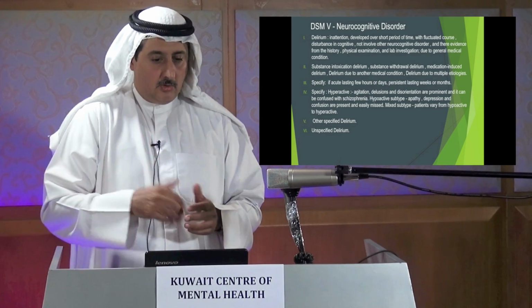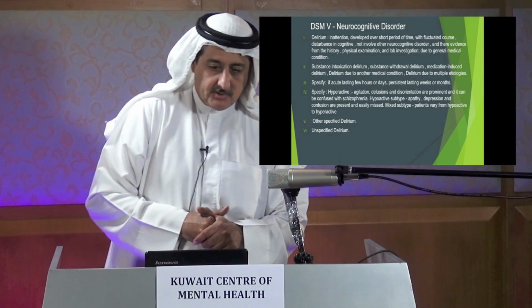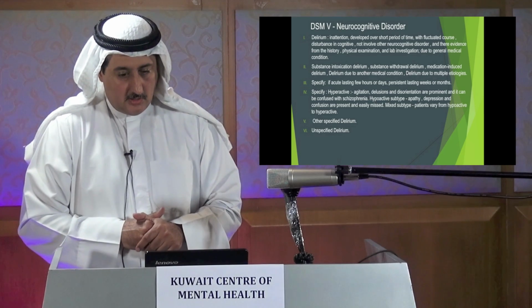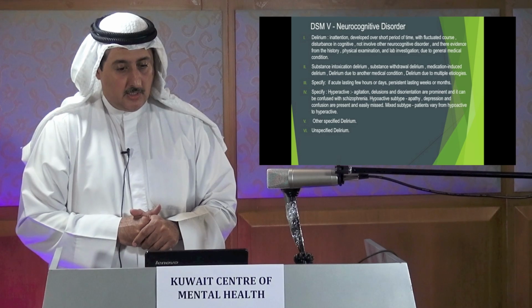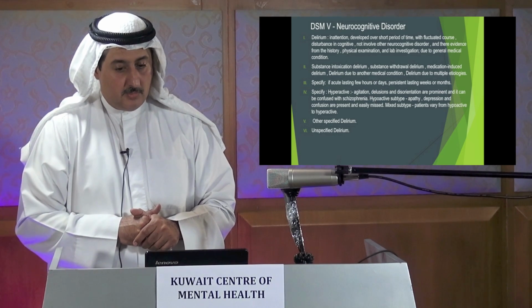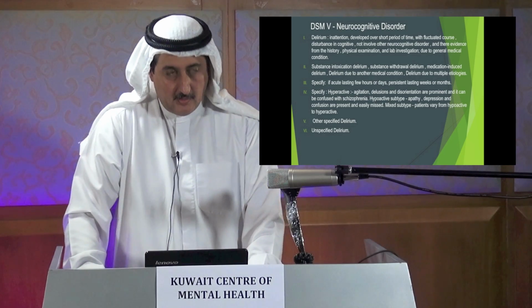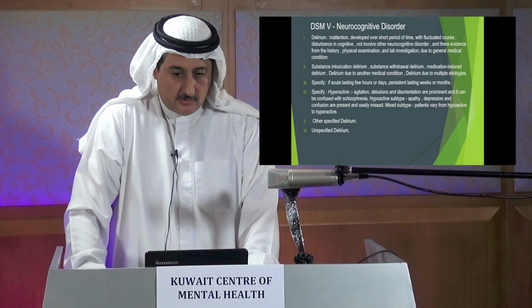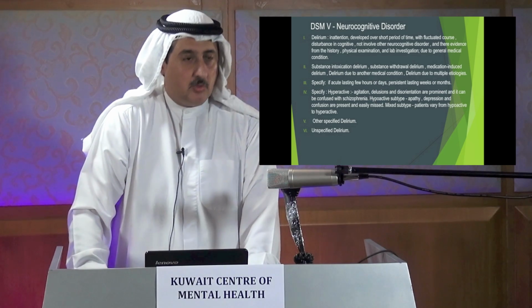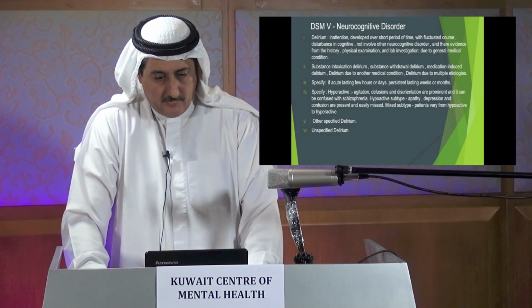They also divided it into several types: substance intoxication delirium, substance withdrawal delirium, medication-induced delirium, delirium due to general medical condition, and delirium due to multiple etiologies. In DSM-4, they didn't put it under neurocognitive disorder. This is a new term. It was delirium, dementia, and other.